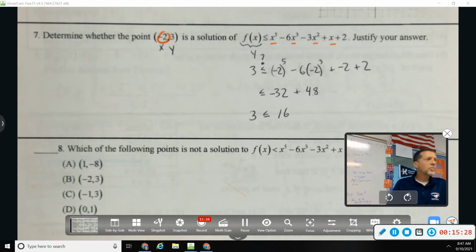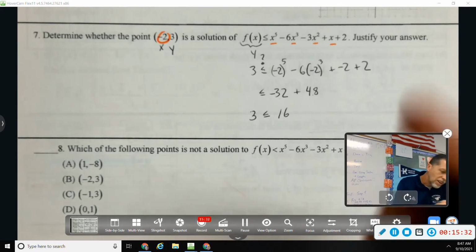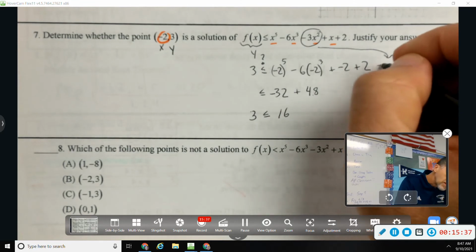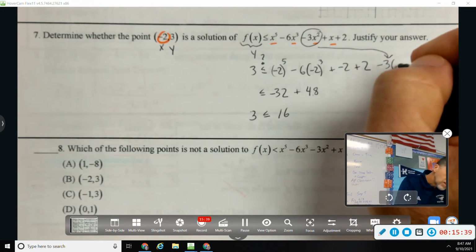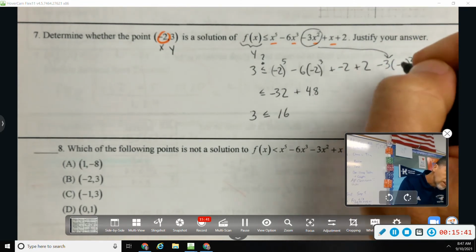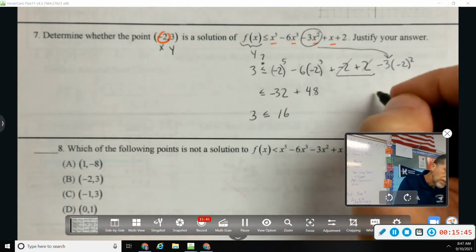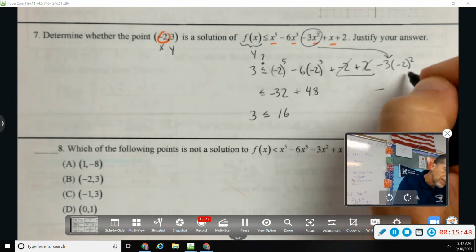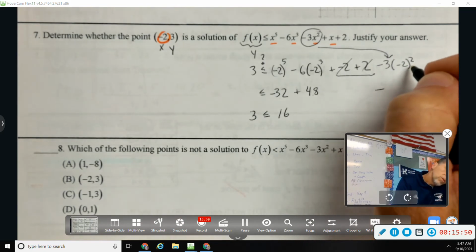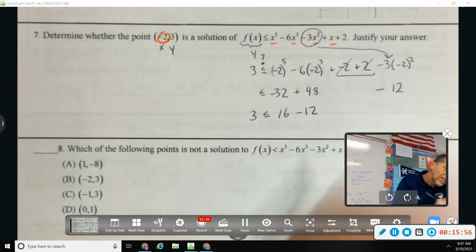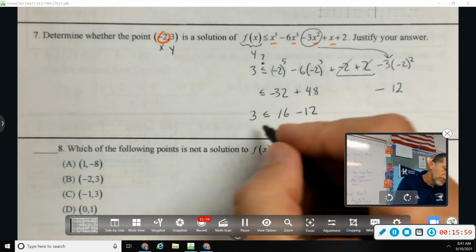I think you forgot the 3x squared. Did I miss something? Oh, I sure did. I left out a minus 3x squared. Minus 3 times negative 2 squared. So those two canceled out. So that's going to be minus 3 times 4 is 12. 16 minus 12 is 4.